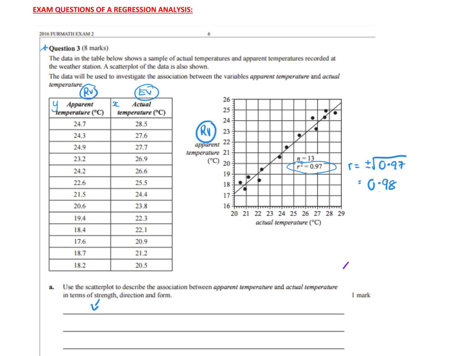So now we know the strength is definitely strong. So we're going to say strong is the strength, and then it says direction. So it's going up in a positive direction. So strong, positive, and it looks linear. Okay, so we can just say it's strong, positive, linear. Okay, there's our 1 mark.